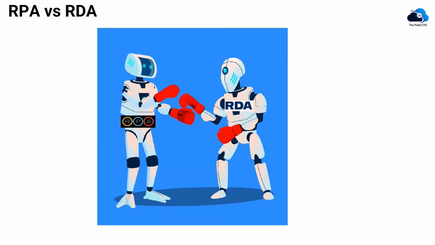So RPA was born about 10 years or so ago to solve human inefficiencies. To put it simply, RPA is all about automating mundane tasks, boring yet time-consuming for humans to do when done in volume.